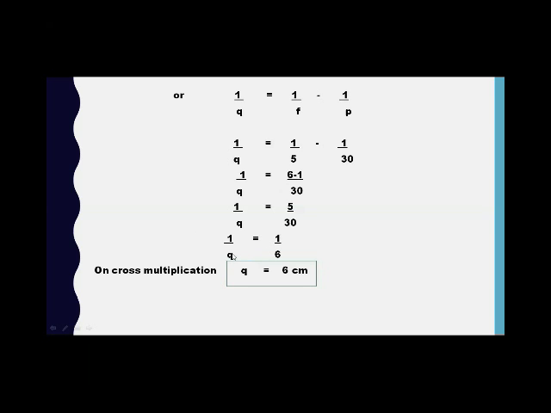The denominator of the first fraction, or we can say the left fraction, will multiply with the numerator of the right fraction, while the numerator of the left fraction will be multiplied with the denominator of the right fraction. So it will become q ones are q and 6 ones are 6. So here we get q is equal to 6 centimeter. I think, students, you will understand.